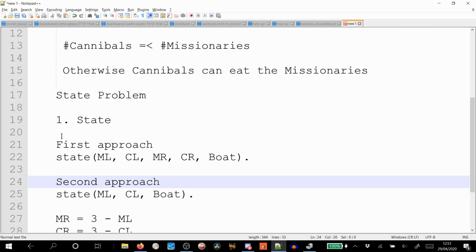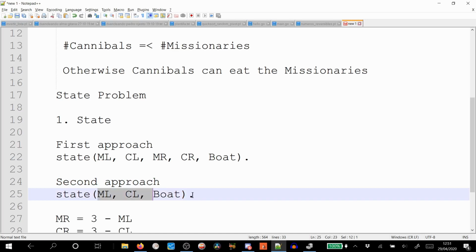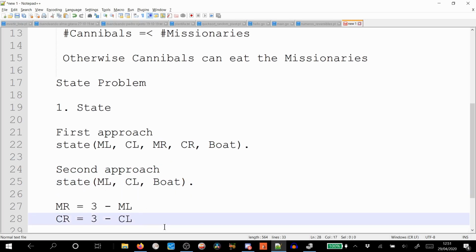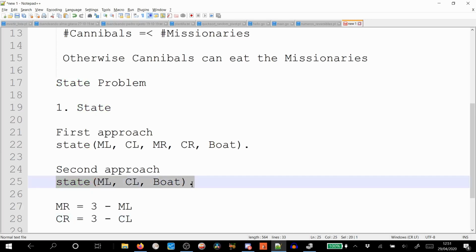In the boat there can be both, one cannibal or one missionary, or two. That is the second part. Now we only try to represent the state. What is the minimum information I have to put inside to make a picture? Now let's resolve this movement. But for the state, let's choose this option.